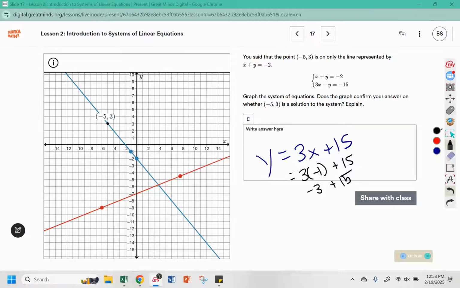So that still isn't quite on the graph. Let's try negative 2. Negative 2 times 3 is negative 6. Negative 6 plus 15 is positive 9. So the x value here would be negative 2, and the y value would be positive 9.